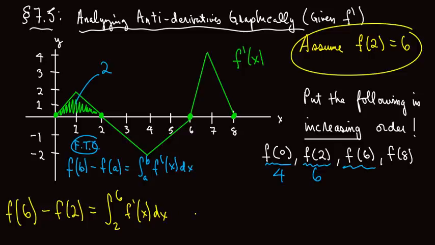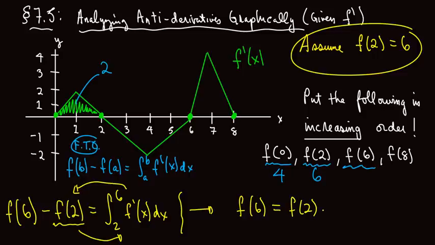Since I want to find f of 6 and I know f of 2, I'm just going to do the same thing. f of 2 on that side, integral on the left side. This is going to give us f of 6 equal to f of 2 plus the integral. Oh, sorry. Let's not put the integral on the other side.